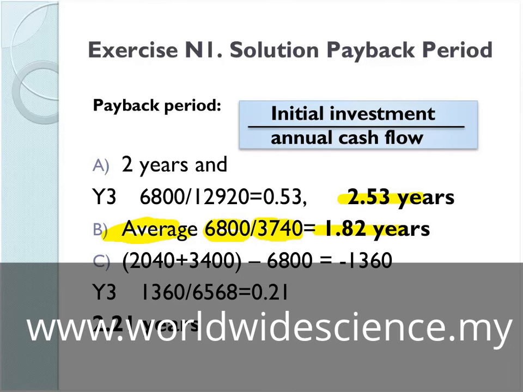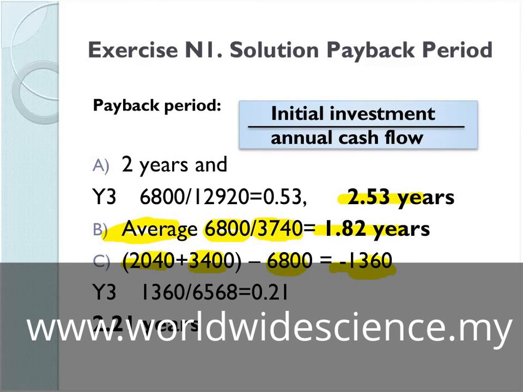You remember, because each year we generate different profits. So we do the calculation like this. First, take your profit from the first year, add the second year, and deduct it from the invested capital. You will get a value equal to 1,360.